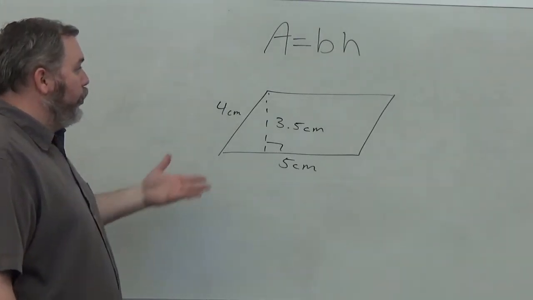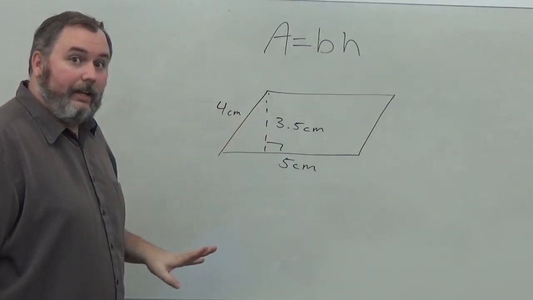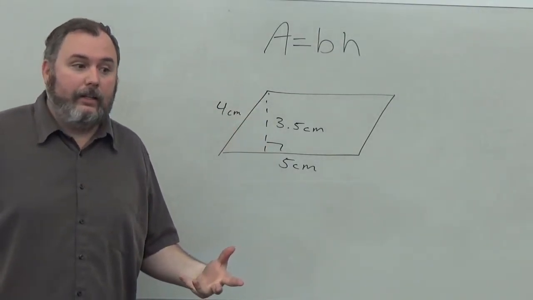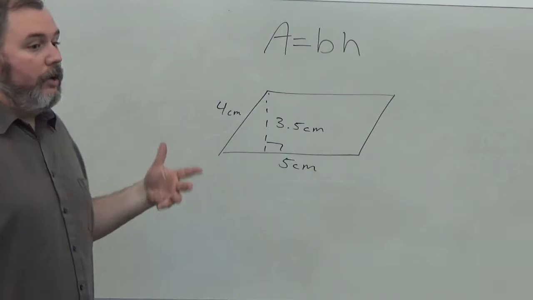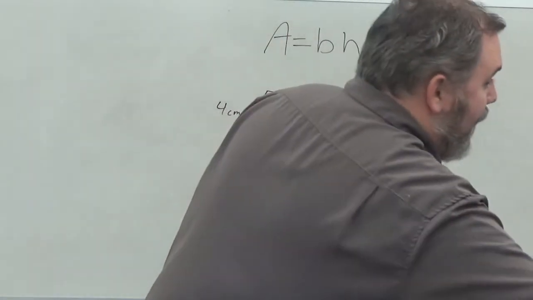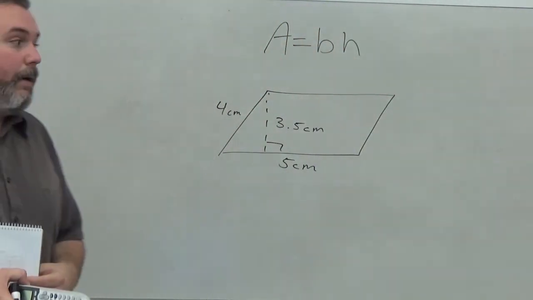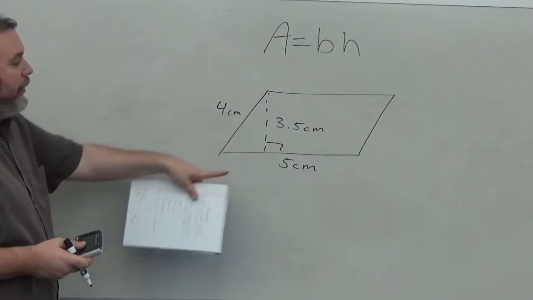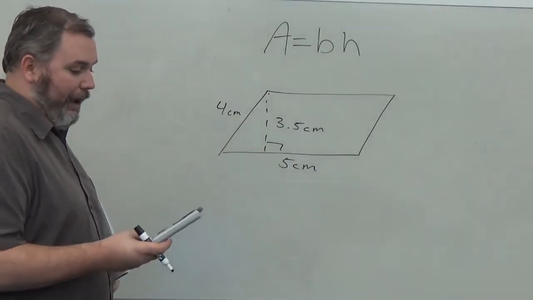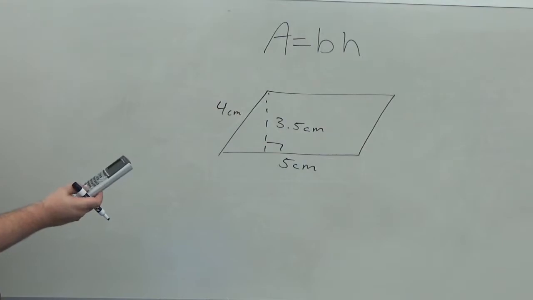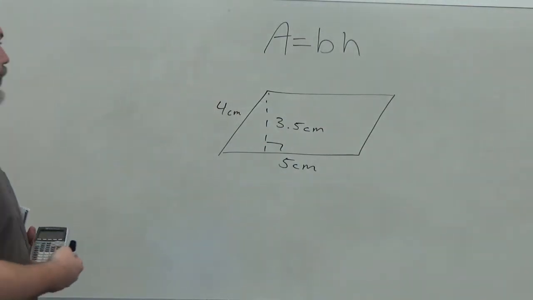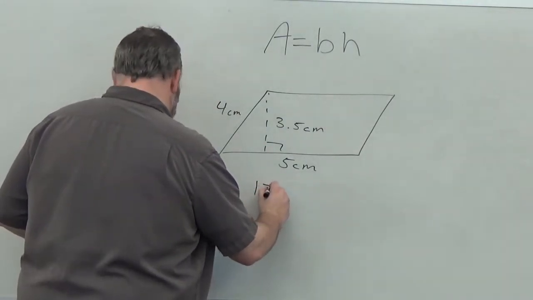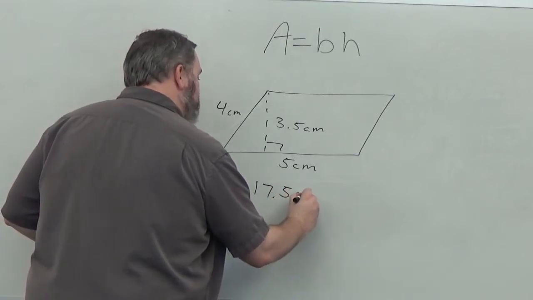I've told you before, if we see that symbol with a 90 degree on it, we should automatically know that that is our height. So we're going to take the 3.5 and multiply that by our base. In this case, the height is standing on top of the 5. So we're going to say 3.5 times 5, and we get that our area is 17.5 centimeters squared.